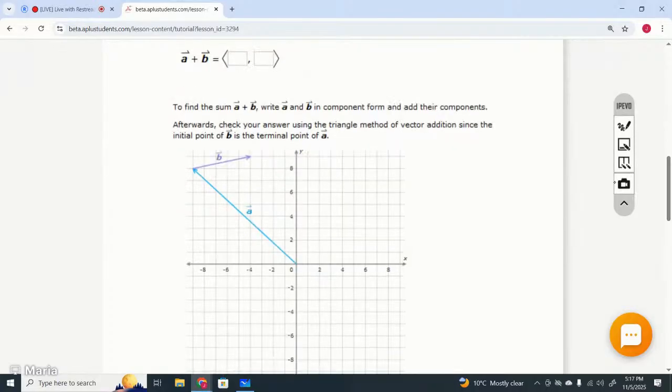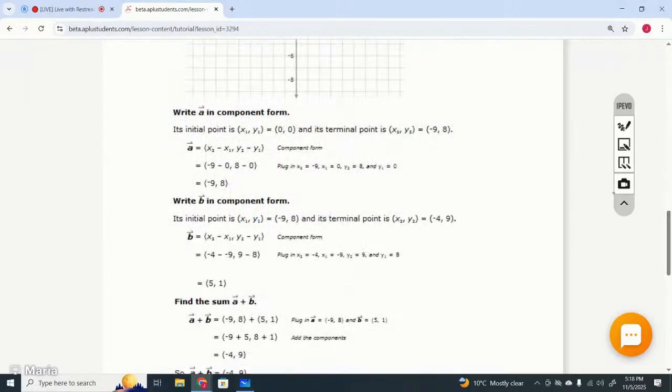First thing we need to do is find the vector a. Its initial point is 0, 0 and its terminal point is negative 9, 8. So the components of a are negative 9, 8. The components of b are 5 and 1. So we need to add x component to x component and y component to y component.